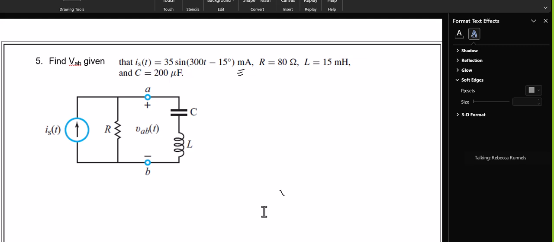Well, first thing I'm going to do is get all these as phasors. So the current is going to be 0.035 angle negative 15. R is 80. C is minus j over 300 times 200 times 10 to the minus 6, and L is j times 300 times 0.15.